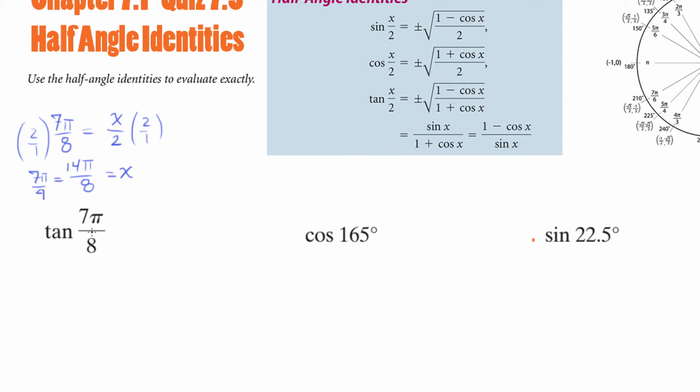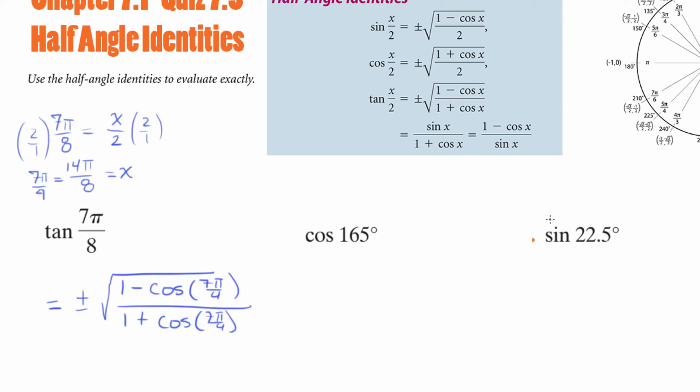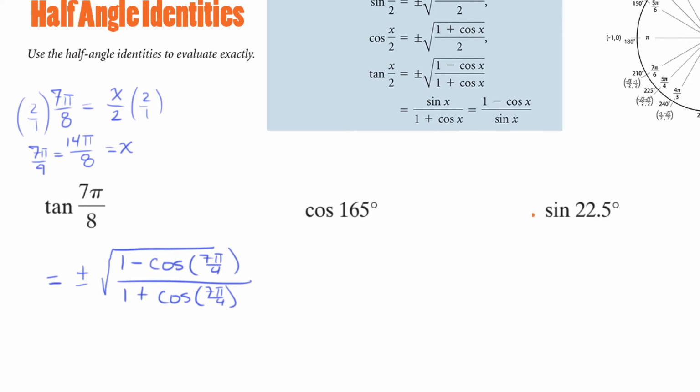So tangent of 7 pi over 8 is equal, by your formula, plus or minus square root of 1 minus cosine of 7 pi over 4 over 1 plus cosine of 7 pi over 4. Now we continue.